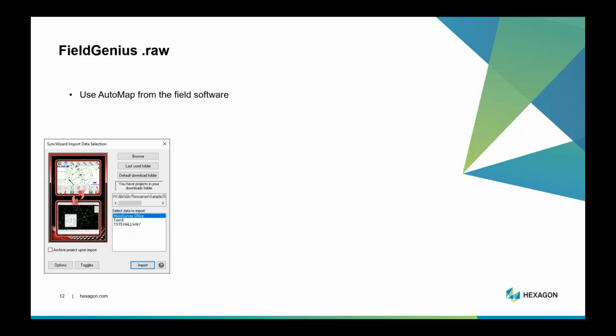They will have created all of the line work with this AutoMap field to finish solution in the field, and you can use that same AutoMap in your project to get exactly the same results as they were seeing in the field. You also could notice a checkbox there where you can automatically archive your FieldGenius project after importing, and that'll just zip it up so that you know that it's done and completed and you're done with that file.